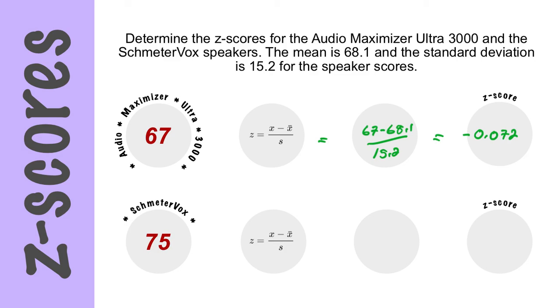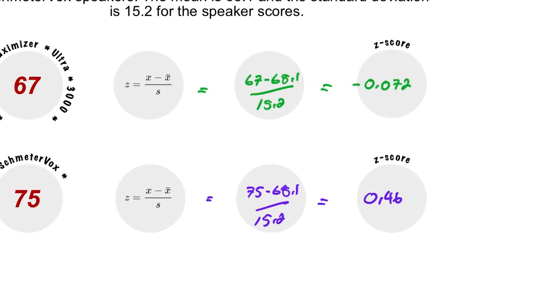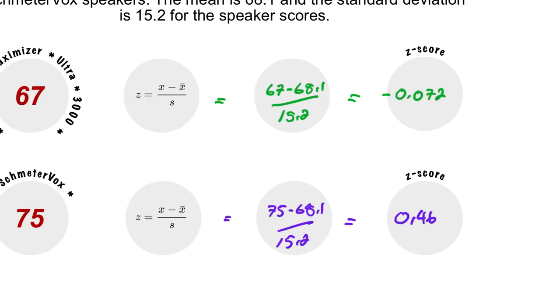And for the Schmedervox, the Z-score will turn out to be 75 minus 68.1 over 15.2, and that is 4.6. So the Maximizer is below, and the Schmedervox is above.